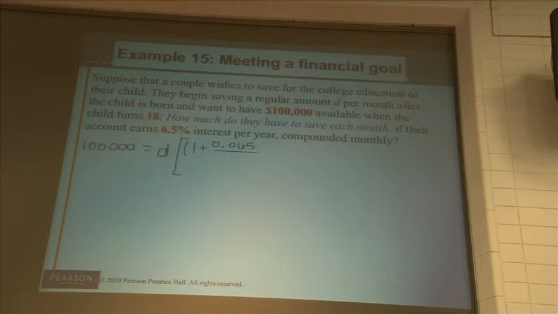Compounding monthly, so over 12. And we are compounding 12 times a year for 18 years, minus 1. All divided by our interest rate, 0.065 over 12. Okay, so our goal here is to solve for D. We want to know how much to deposit every month. Here we go.